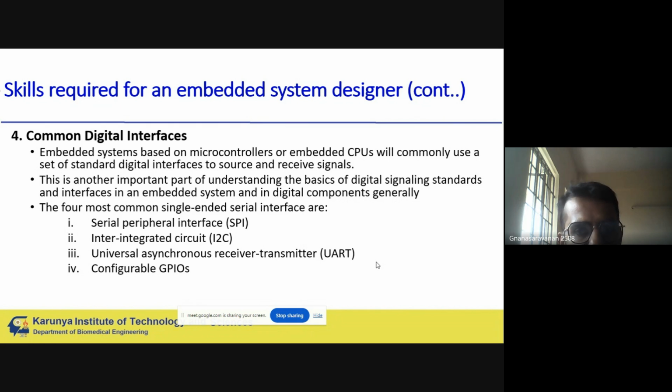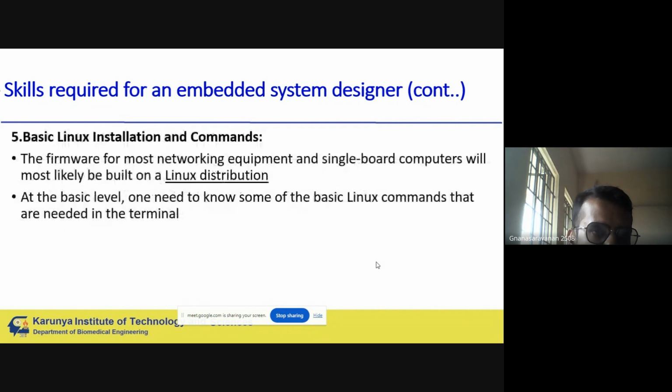It can be a UART or USART, right? Or a general purpose IO method, whatever it is. So this knowledge is much more required, and we have to develop these skills also.